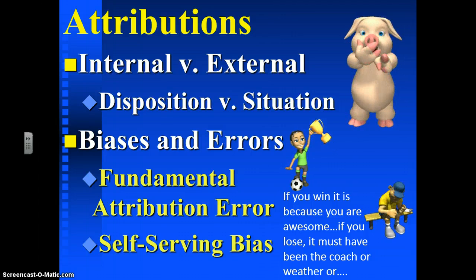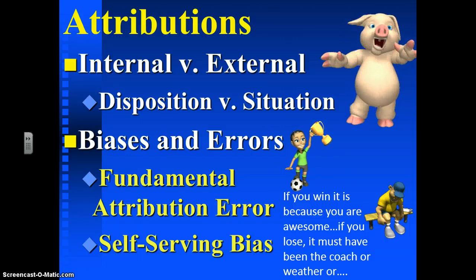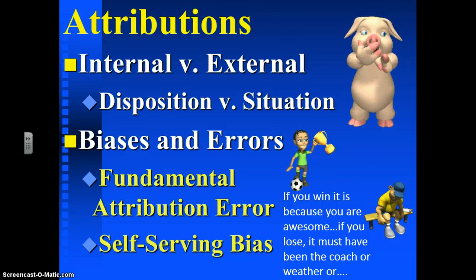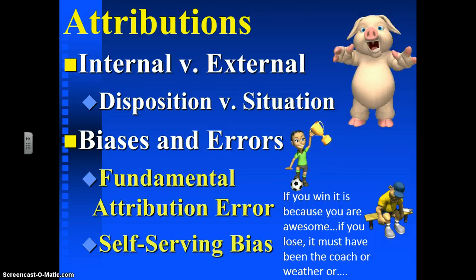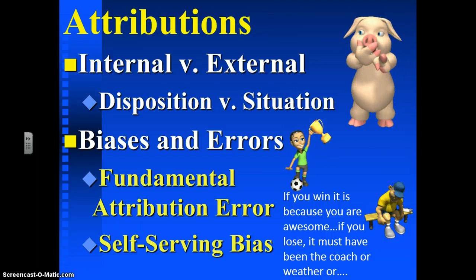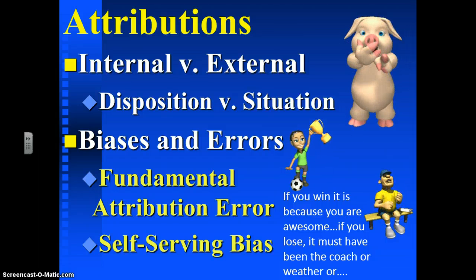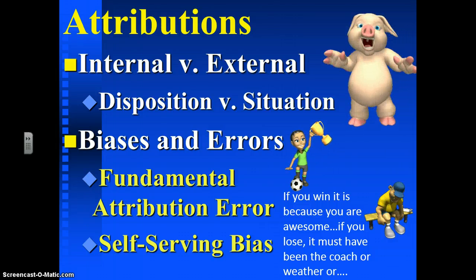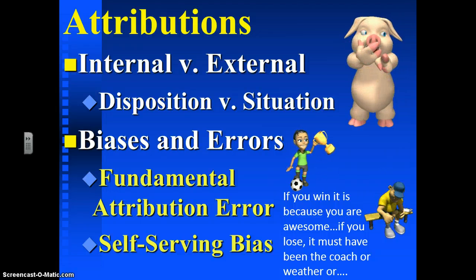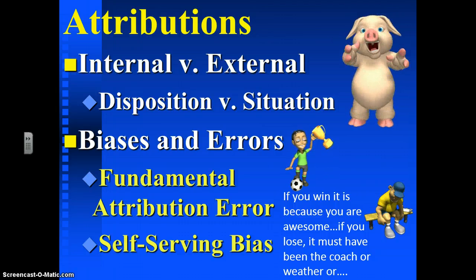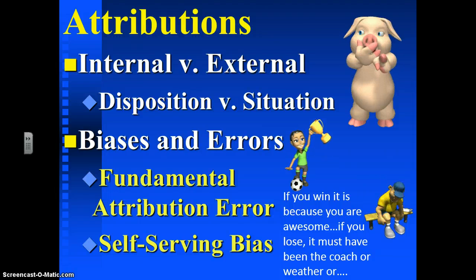If you think about it, basically this helps to protect our ego. So, for example, I got an A on my math test because, doggone it, I'm just smart. But I failed my chemistry class because the teacher is just horrible. He or she never covers the material, and everybody's failing that class.